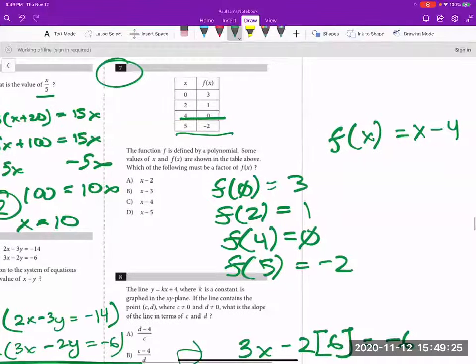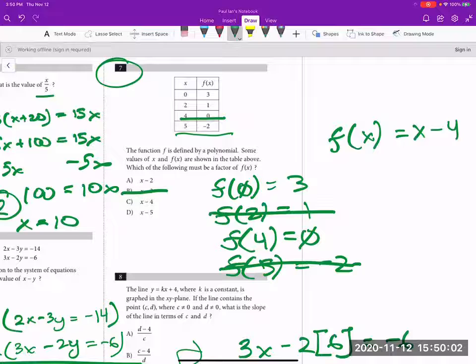So actually it may or may not be a factor of f of x. So this for sure can't be correct because f of 5 is not 0, and f of 2 is not 0. And there's no information about f of 3, so you can't do this guy.